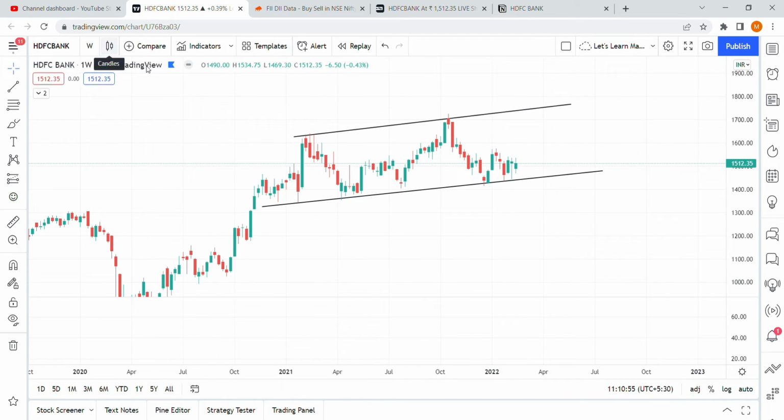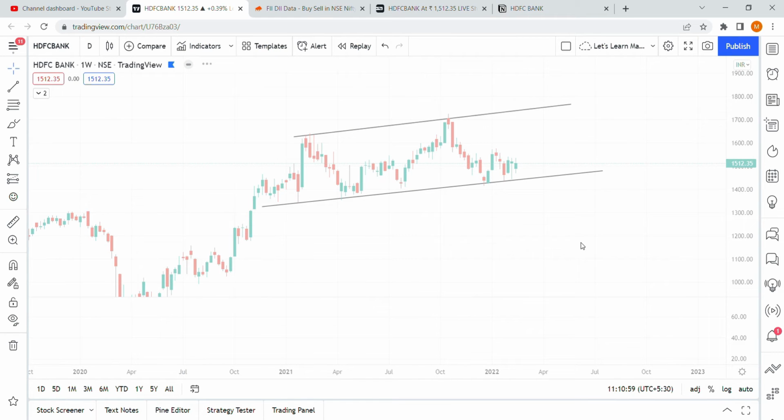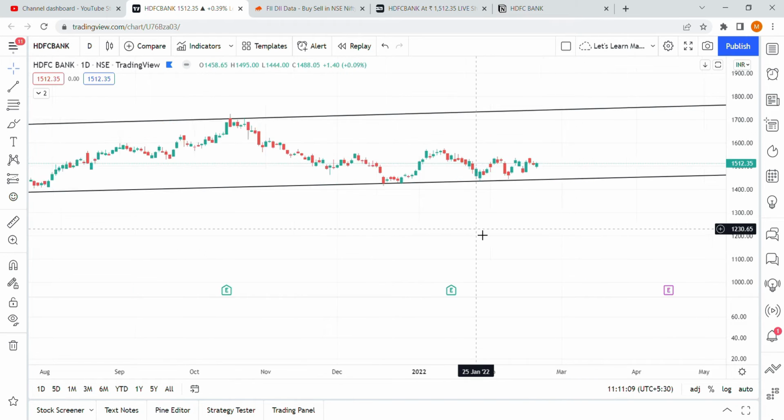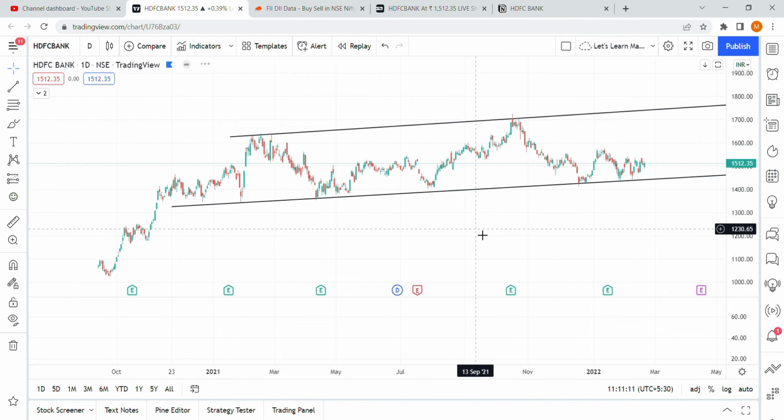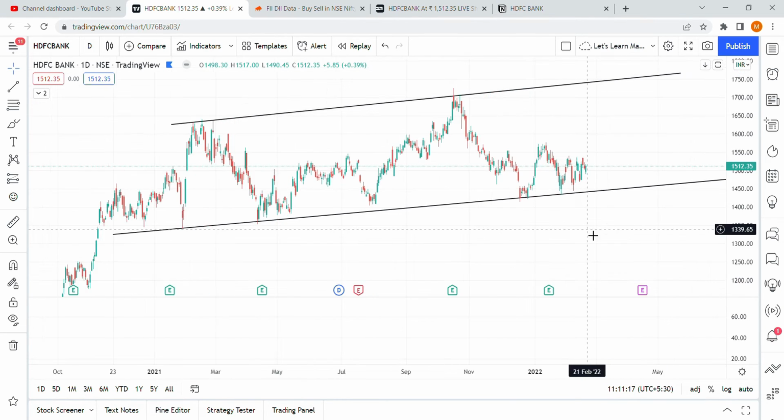Now since we have the support and resistance, let's go to the daily time frame. Right, now in the daily time frame, if you see, the support and resistance have been clearly indicating that the stock is moving accordingly in the zone, right?